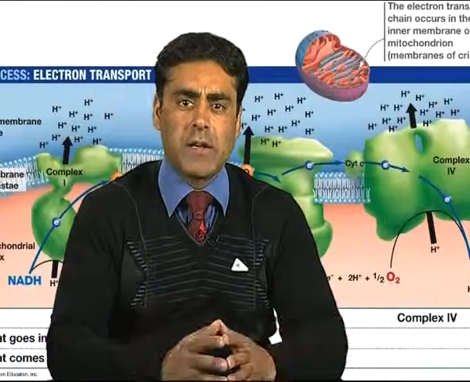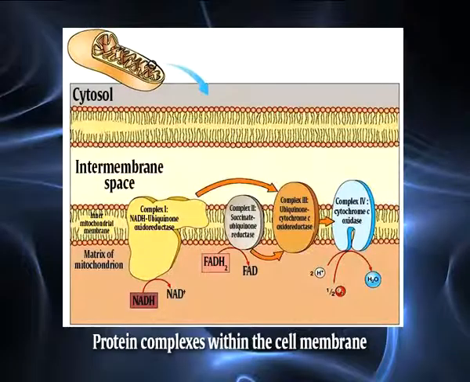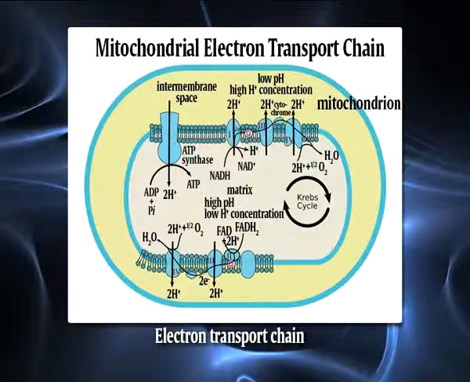These redox reactions release energy which is used to form ATP. These redox reactions are carried out by a series of protein complexes within the cell membrane in both prokaryotes and eukaryotes. These proteins are located in the cell's intermembrane space. These linked sets of proteins form the electron transport chain.